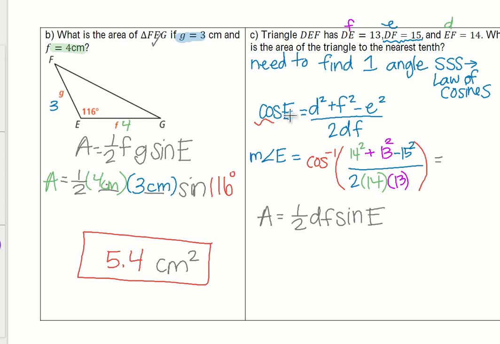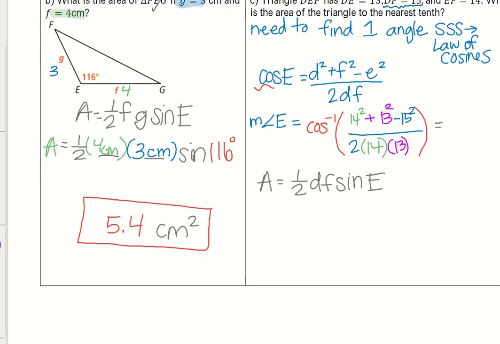So by solving for one of the angles, I'm going to use the other two sides in that area formula. Okay, so let's plug this into our calculators.